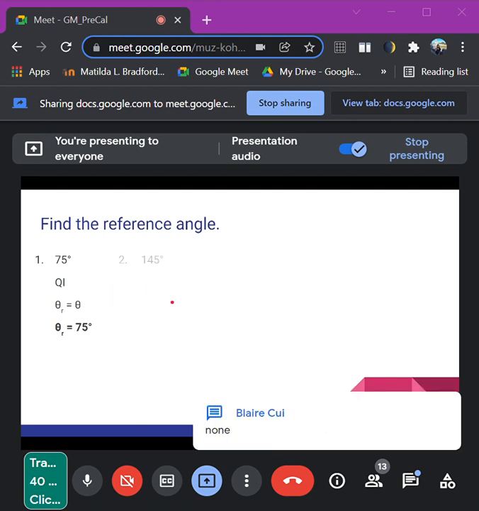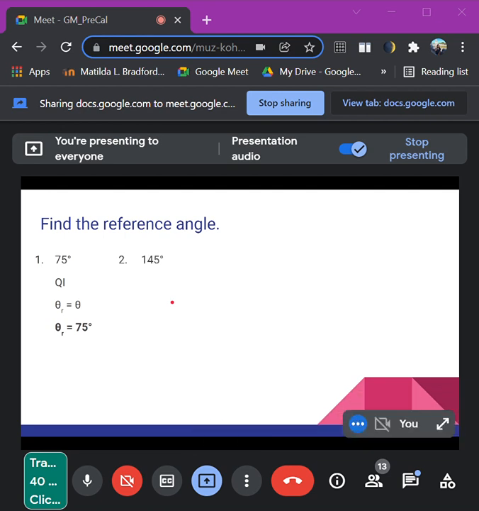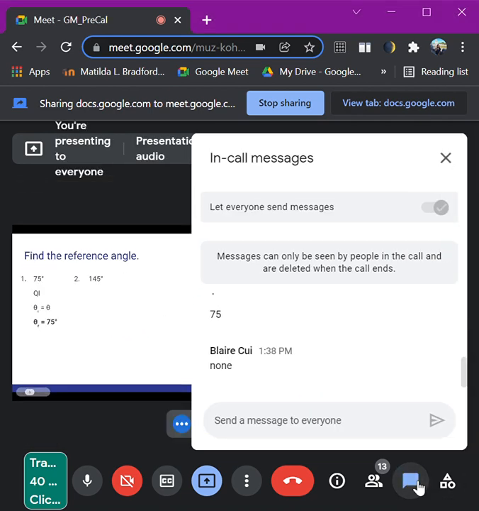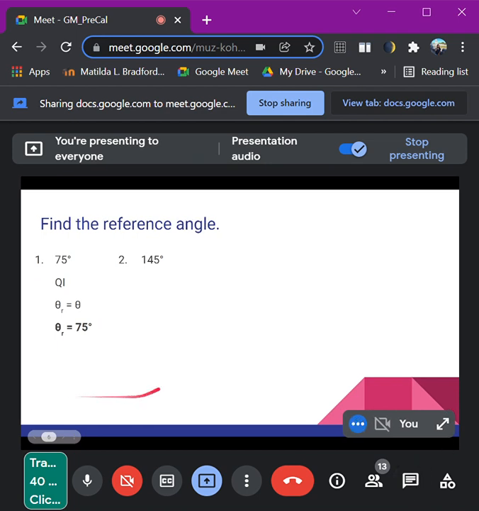Okay, none. Now let's go to 145 degrees. What quadrant can we find 145 degrees in? 1, 2, 3, 4. Okay, that is quadrant 2. Very good. Now, what is our formula in quadrant 2, class?